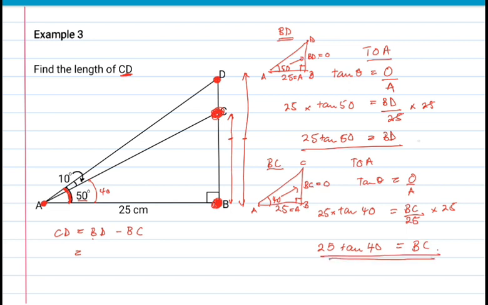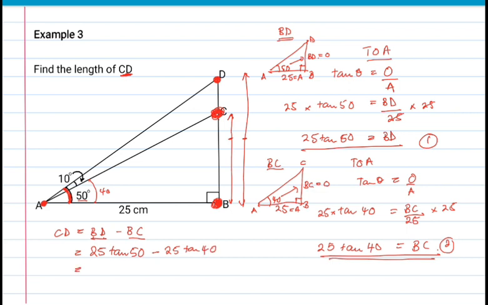So we have firstly our BD and secondly our BC. So here CD is equal to BD minus BC. So our BD is 25 tan 50 minus our BC, which is 25 tan 40.